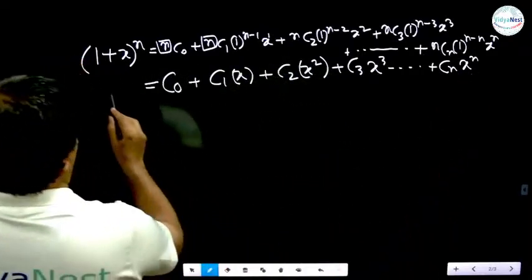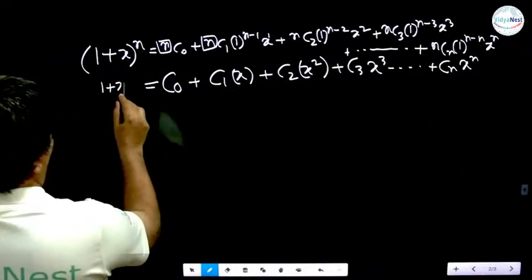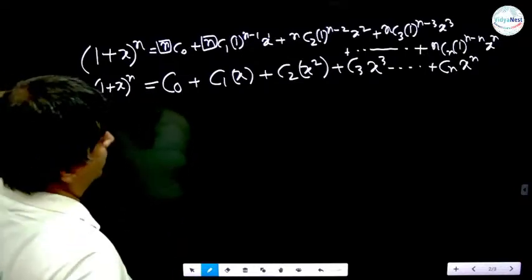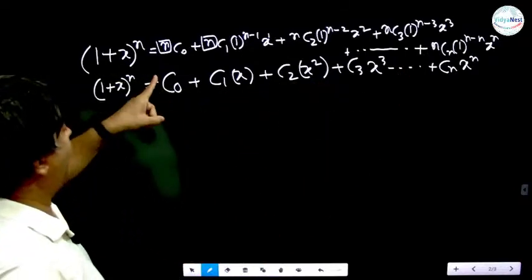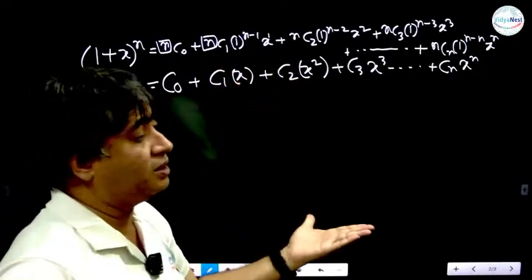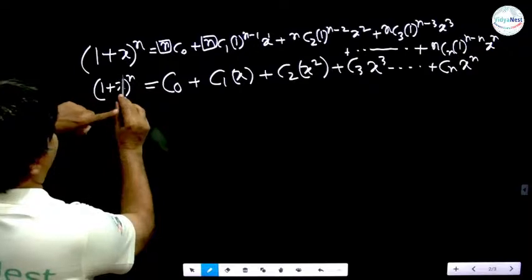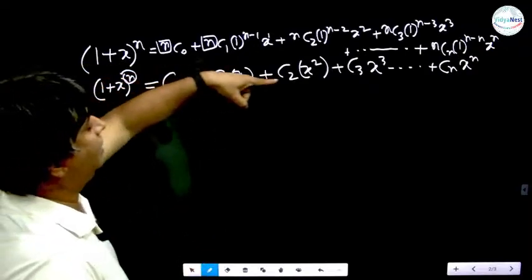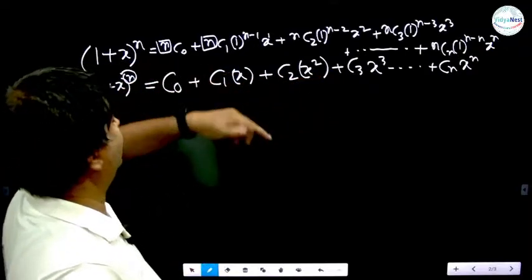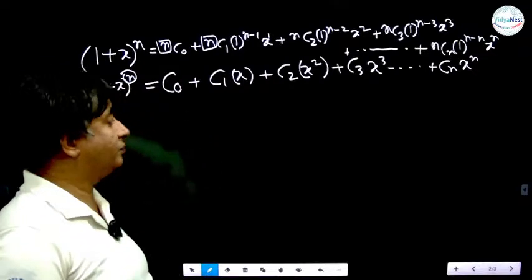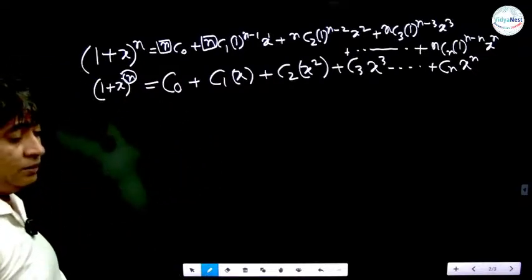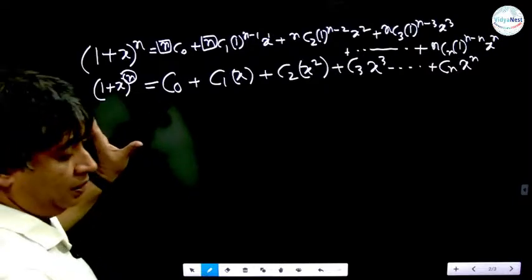So (1 plus x) whole to the power n can be written as this expansion. n is not written, that means we'll pretend that n is silent. Seeing this power, assume these are nC0, nC1 and so on. Understood?